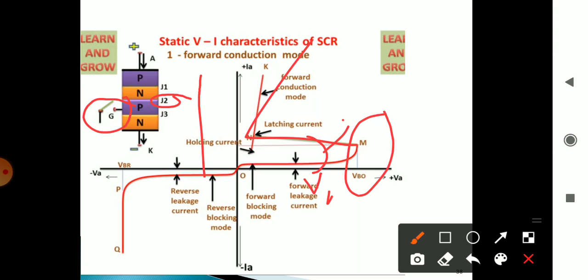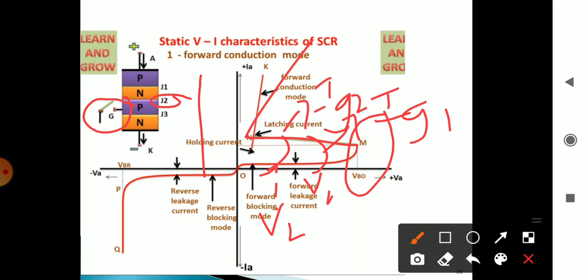So this is the gate current Ig1. And if we increase the gate pulse, that is more than Ig1, then the SCR may start conducting at this point. The voltage with respect to this one is V2 and the current is Ig2.